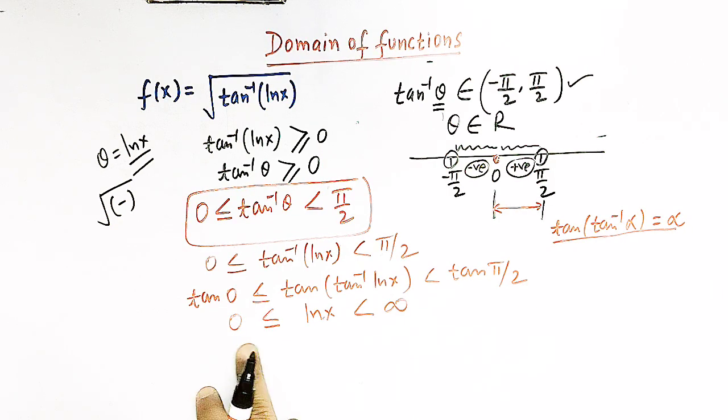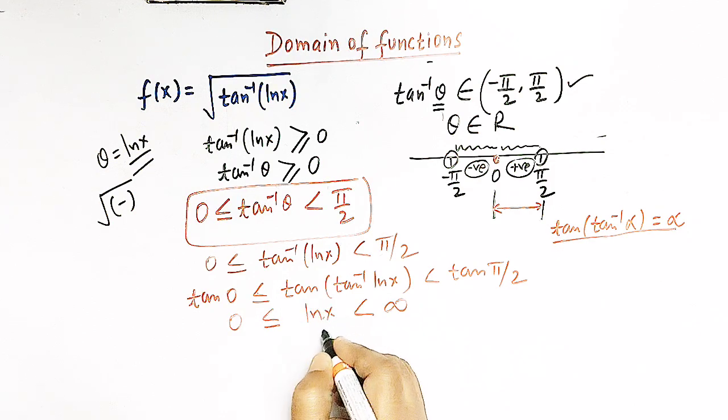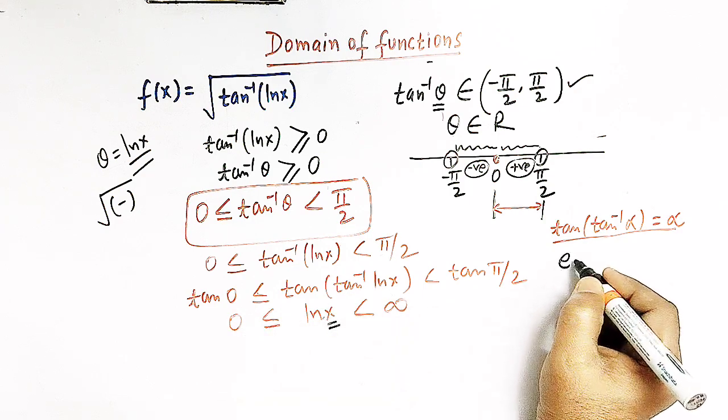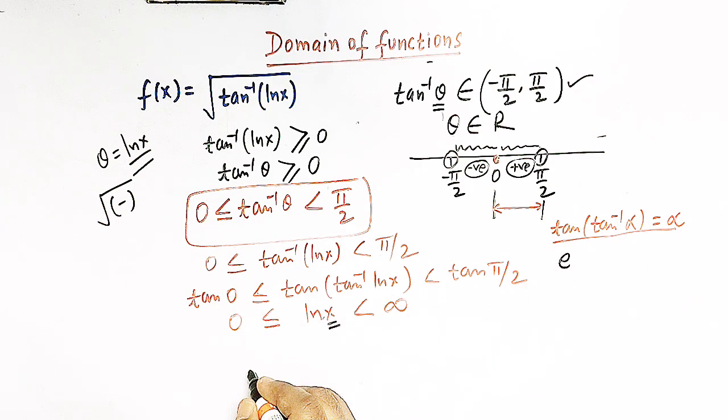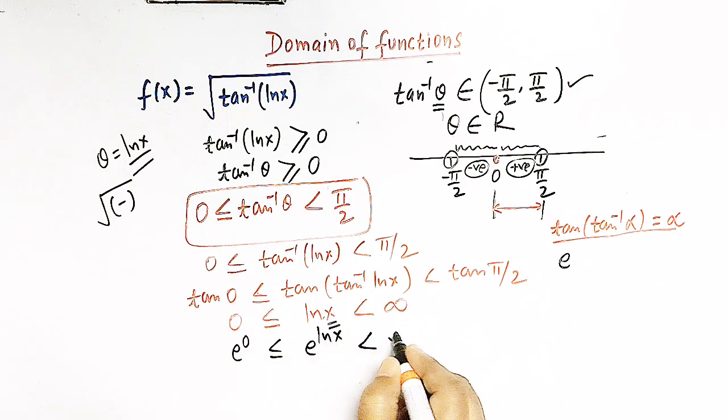The next step is to get rid of this natural log, since we want only the quantity x. So we raise these three quantities to the power of e, where e is the exponential number. We have e raised to 0, e raised to natural log of x, and e raised to infinity.